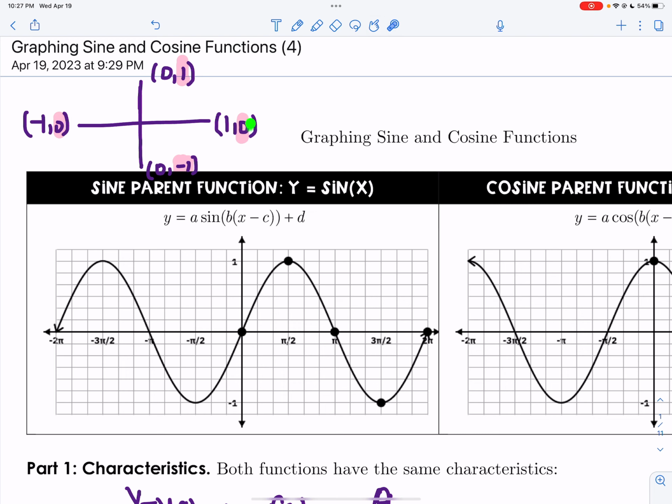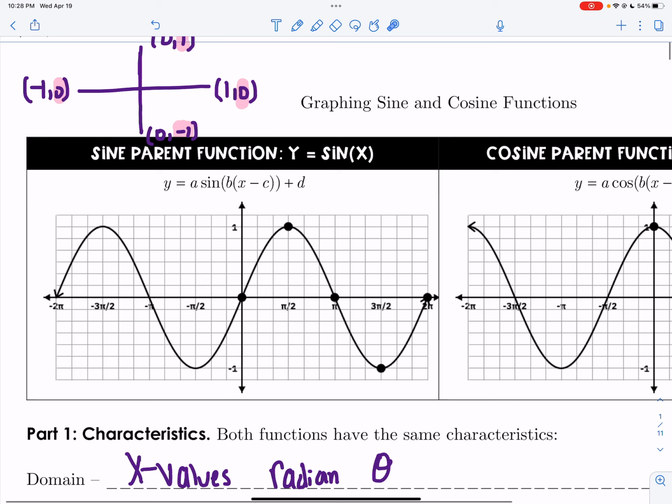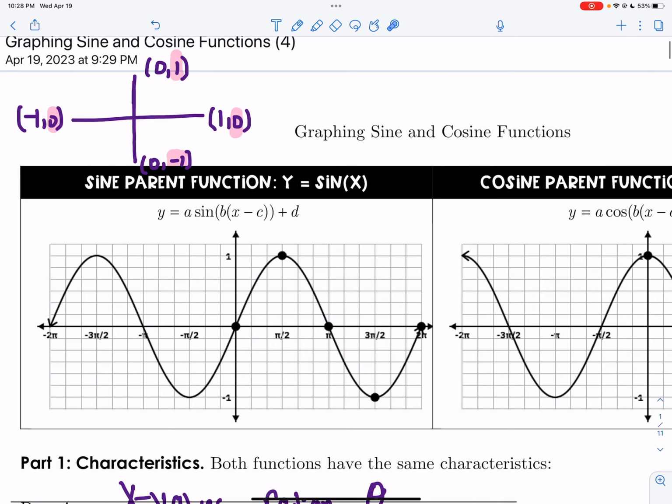So at 0, I'm going to be at 0. At pi over 2, I'm going to be at 1. And then at pi, I'm going to go back down to 0. At 3 pi over 2, I'm down to negative 1. And then at 2 pi, I am back at 0. So your sine function starts at the midline, goes up, goes back down to the midline, goes down low, and then comes back up. So that's your basic sine function.